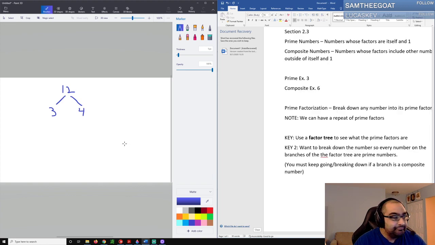Okay, so we're going to take this 4 here. This 4 is a composite number, and that's the reason why we're going to break this down into 2 more factors. And we repeat this process as many times as we can until every branch is a prime number. So how about 4? What 2 prime numbers does that break into?